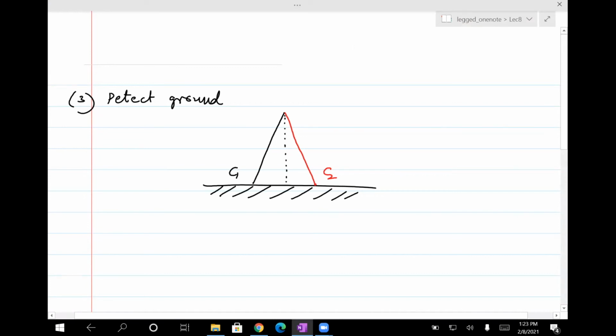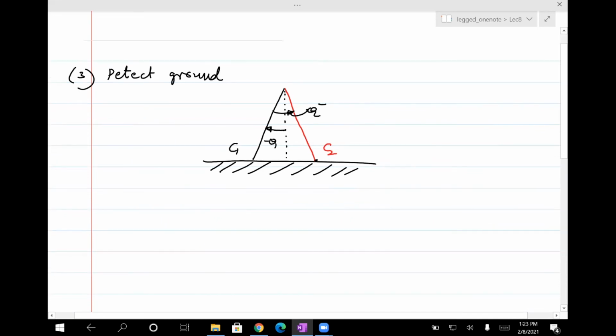Now we need to find a condition on when C2 touches the ground. For that, you can observe that we have minus theta 1 and then theta 2 negative. Or rather, let me just put theta 1 and theta 2.